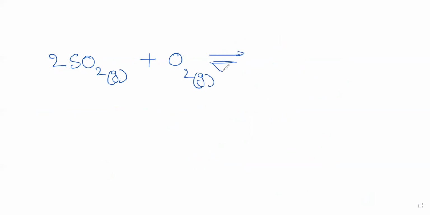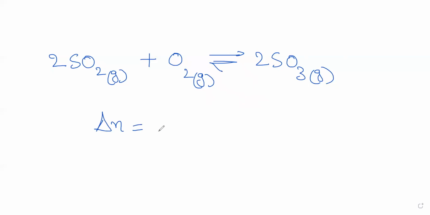Another example: 2SO2 gas plus O2 gas gives 2SO3 gas. Now, what is delta n for this reaction? Please calculate and tell me.